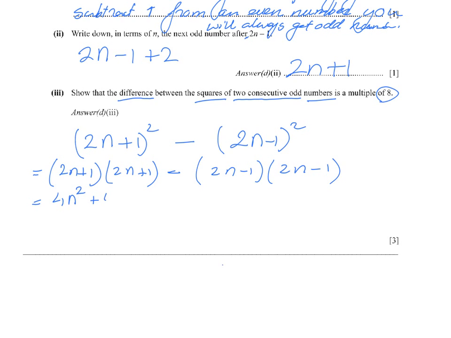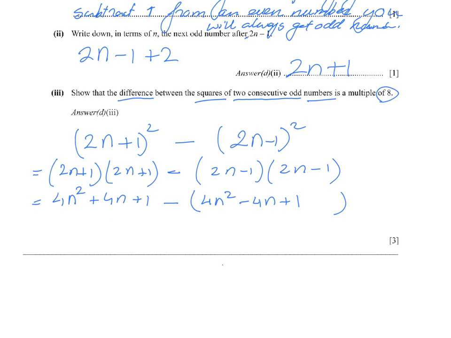4n squared, 2n plus 2n, so plus 4n, 1 times 1, minus, let's just put some big brackets there, because everything in it has to be subtracted, so 2n times 2n, 4n squared, minus 2n, minus 2n, minus 4n plus 1. There we go. So then if we simplify it, we have 4n squared minus 4n squared, so that's 0.